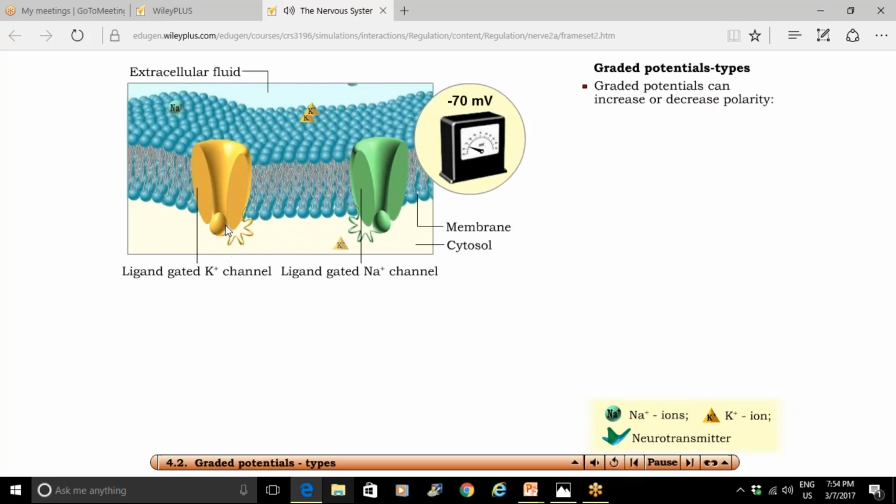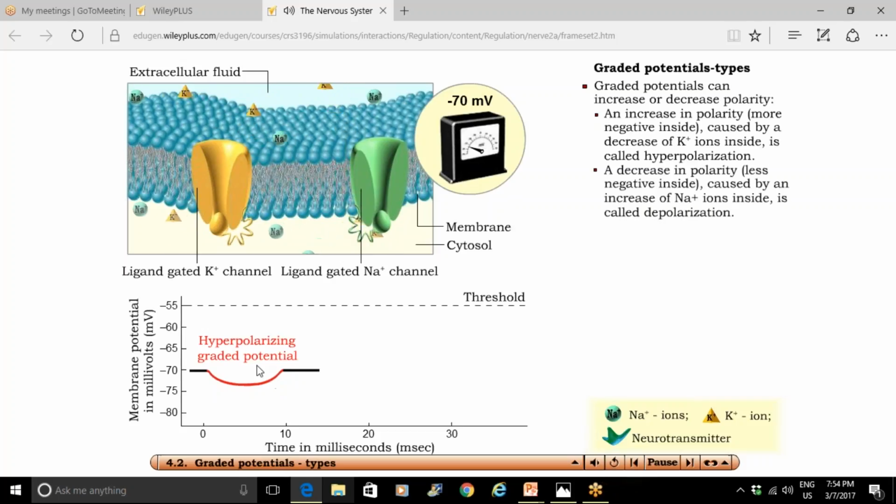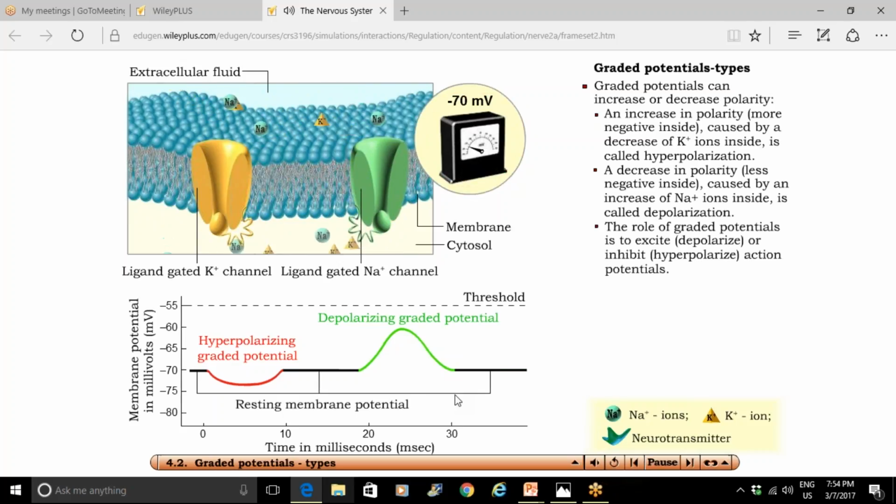So here you can see it can either increase or decrease. Okay, so here we can see it's going to either go more negative, okay, hyperpolarizing graded potential, or it's going to try and get it to threshold and be making it closer to that threshold.